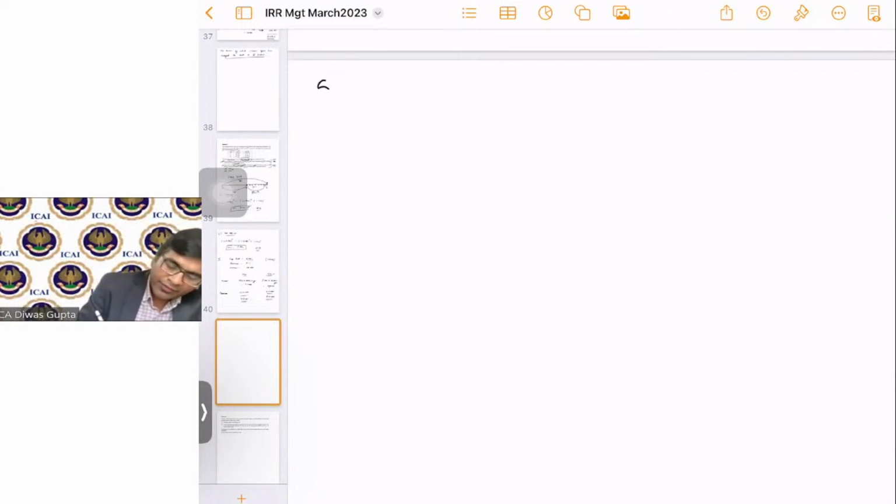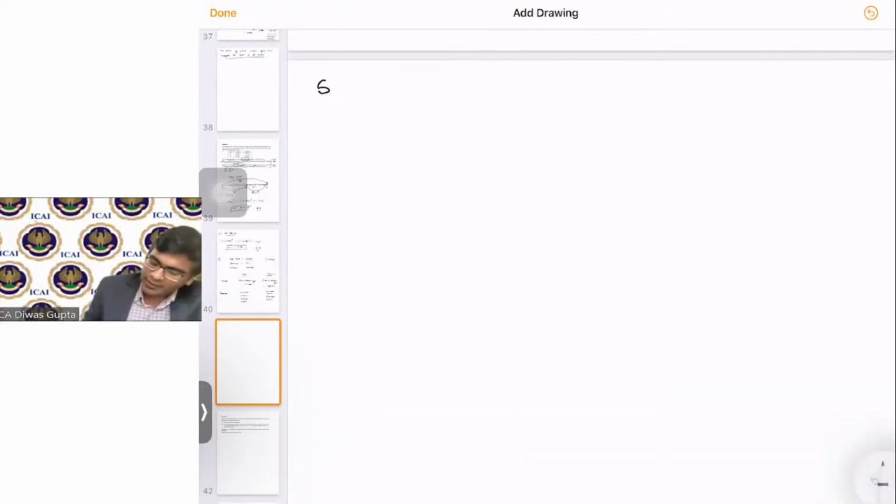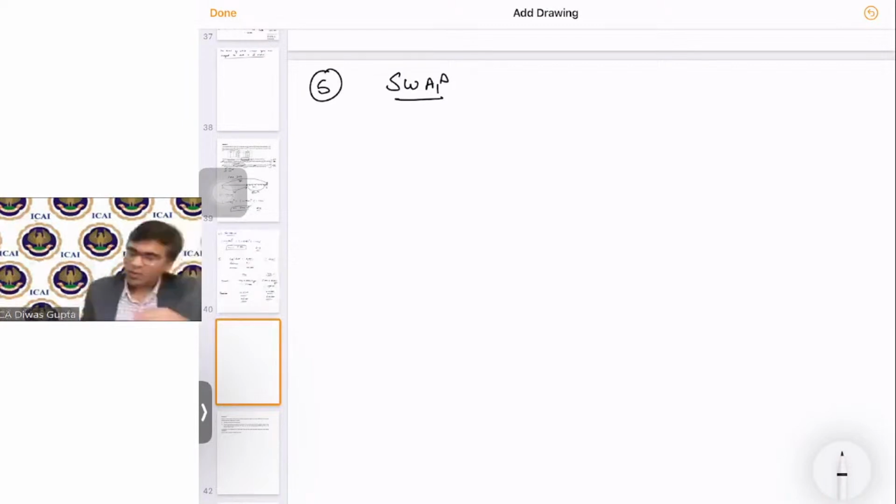So this is the fifth technique, interest rate swaps. Now, please focus here.